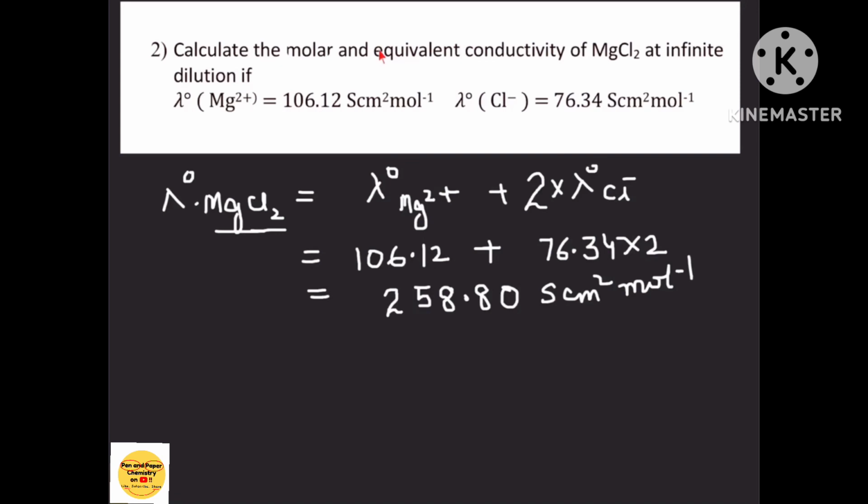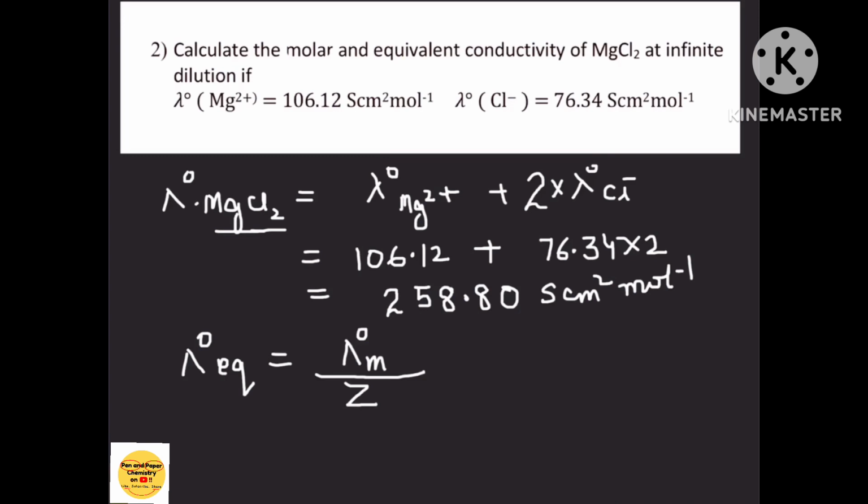The second part of the question is asking for equivalent conductivity. What is the relation between molar conductivity and equivalent conductivity? Simple. Equivalent conductivity at infinite dilution is the molar conductivity of the electrolyte at infinite dilution divided by Z. What is this Z?